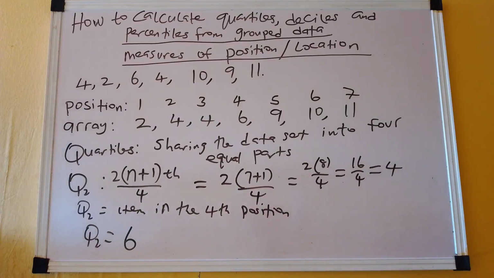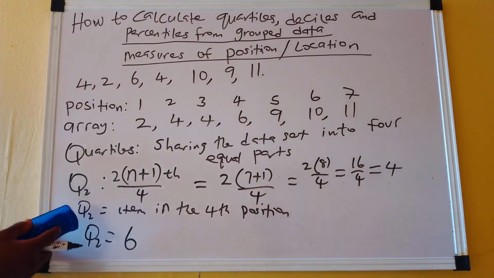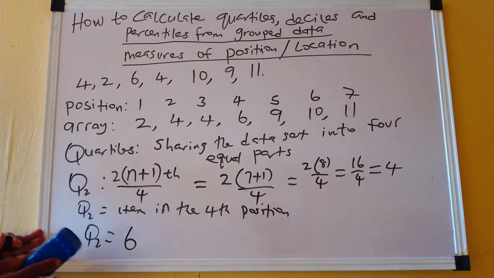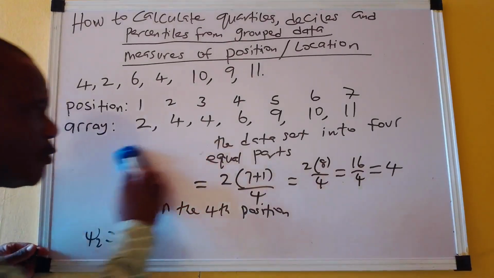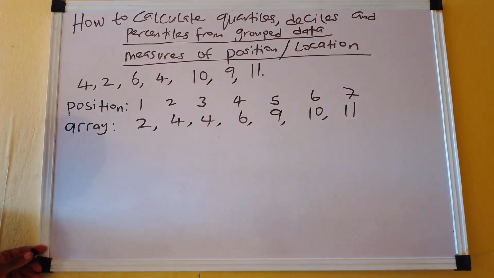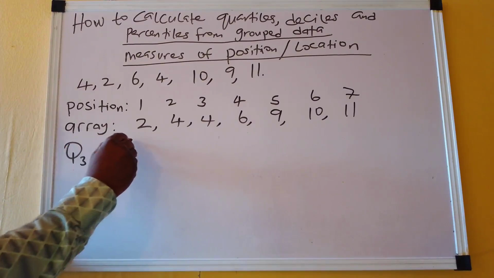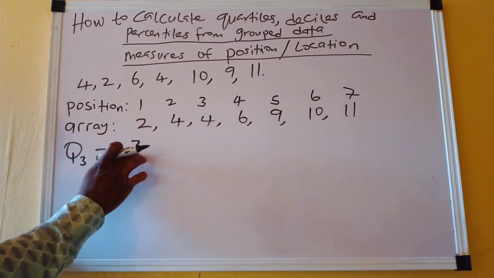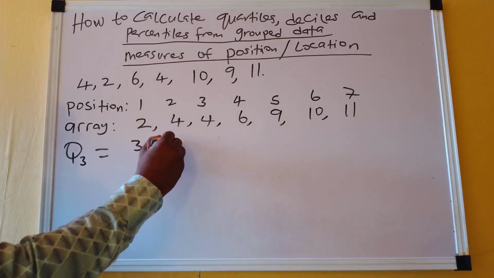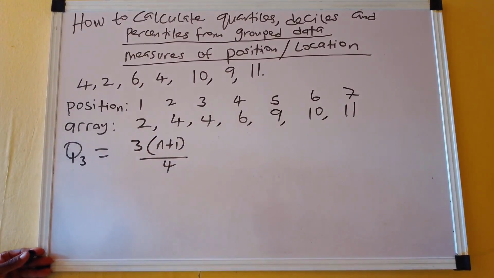Now, it is also good we calculate the third quartile. Calculating the third quartile is as easy as calculating the first and second quartiles. Your Q3 is 3 into n plus 1 item divided by 4. You must divide by 4 because you are looking for the quartile, which means sharing the data set into 4 equal parts.